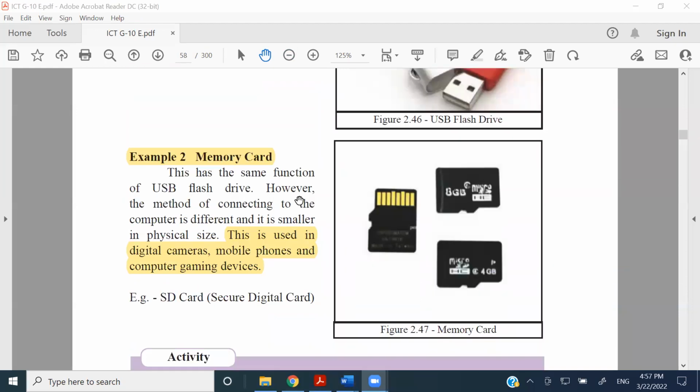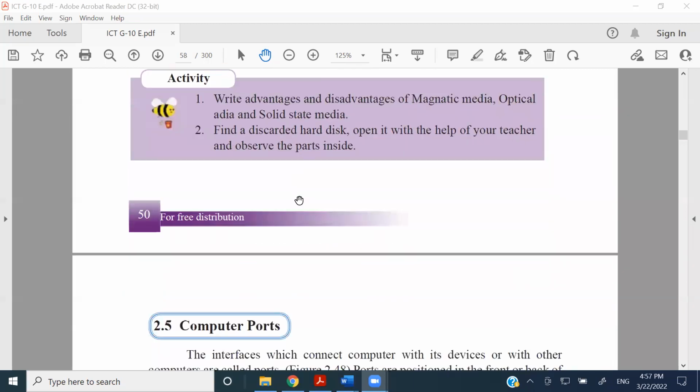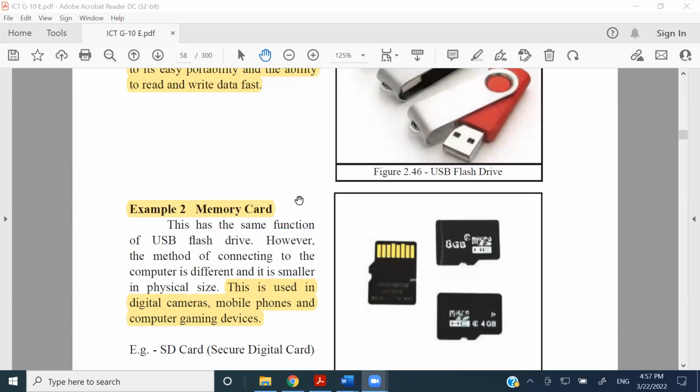Okay, so if you are done, we can end the session for today. And for the memory cards, people please write this as an example.